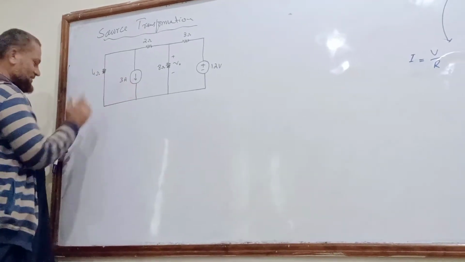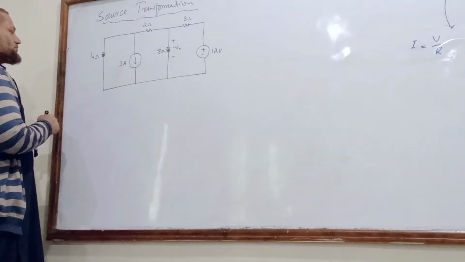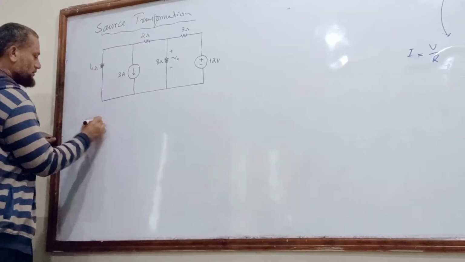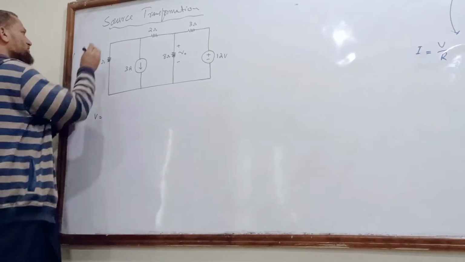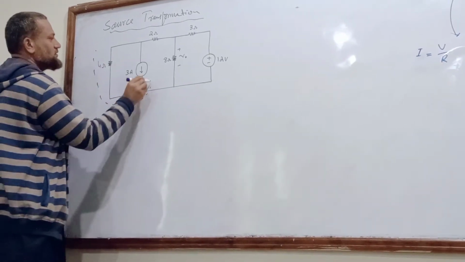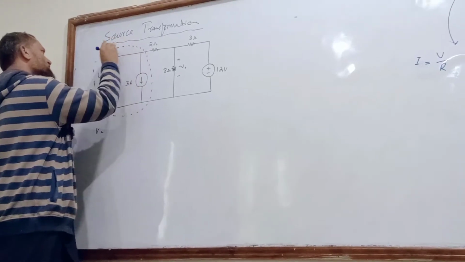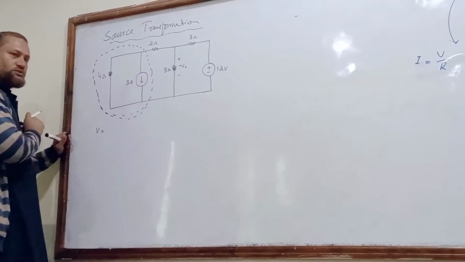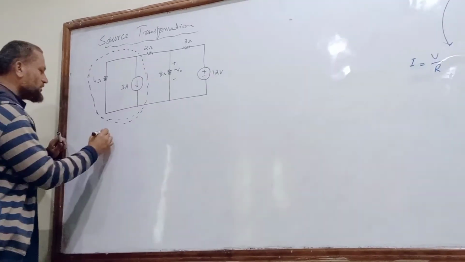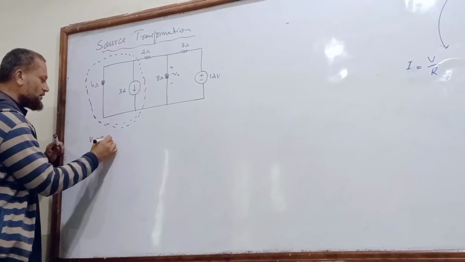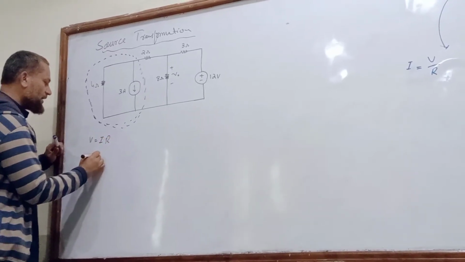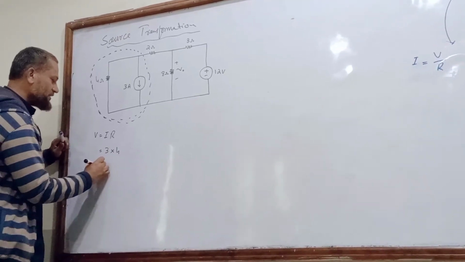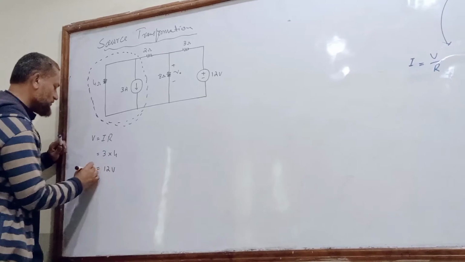So now we transform this current source into voltage source. So V is equal to I R. And I is 3 times R is 4, that is 12 volt.